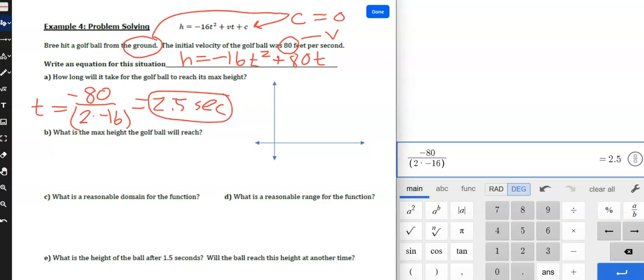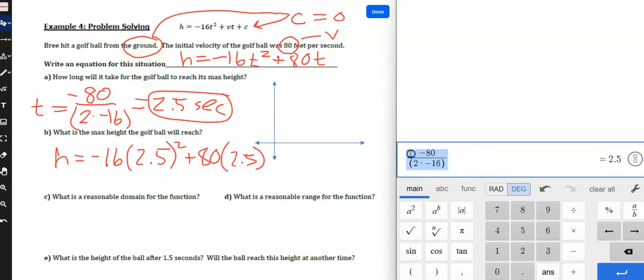What is the maximum height? Okay, so now I'm going to plug that in. Negative 16 times 2.5 squared plus 80 times 2.5. And this graph is going to look like this. Now remember, 2.5 would be in the middle. Because it started out here at 0 and it's going to land at 0, that will be 5 seconds.